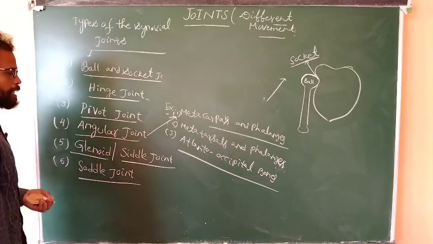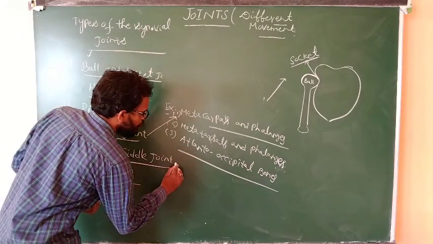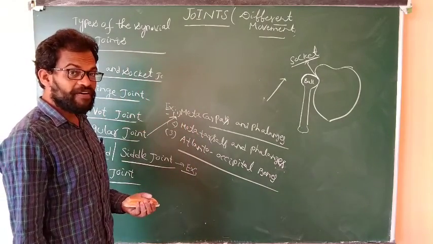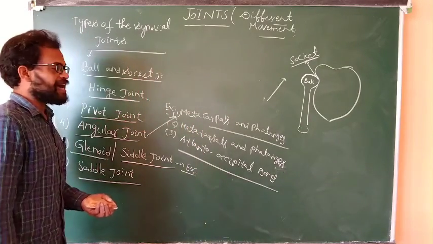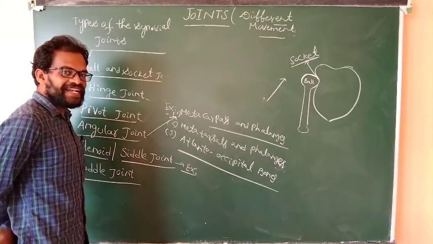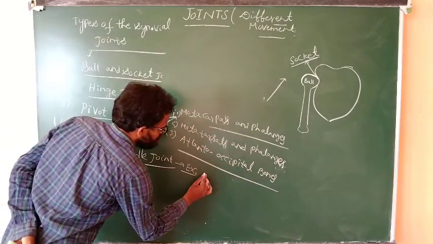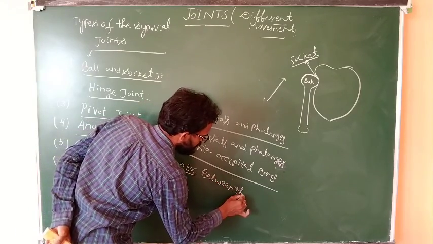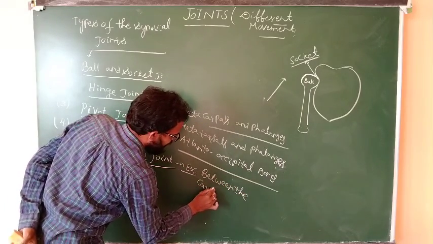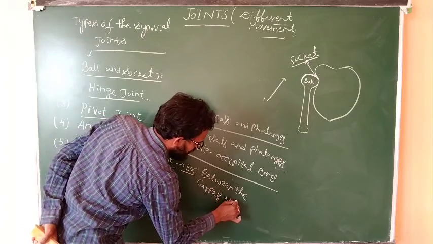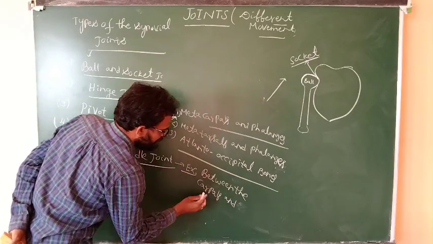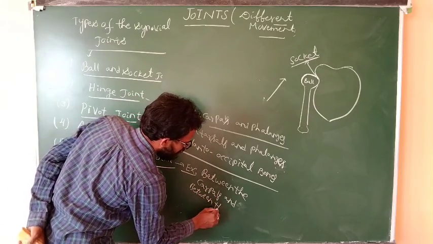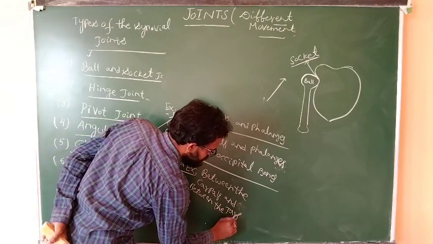And also the gliding and saddle joints. The gliding joint is an example between the carpals and between the tarsals.